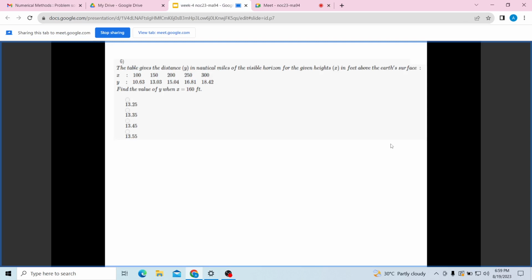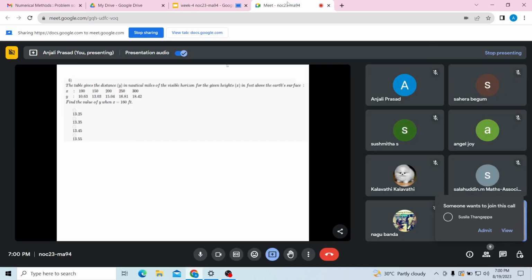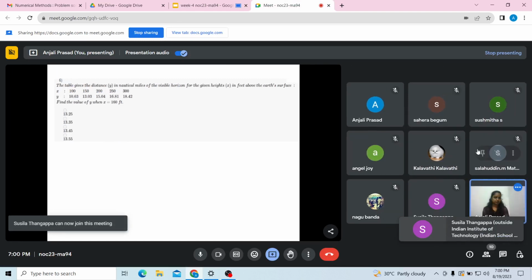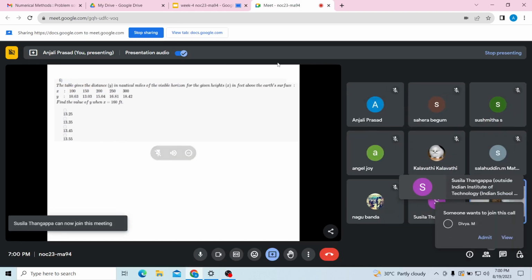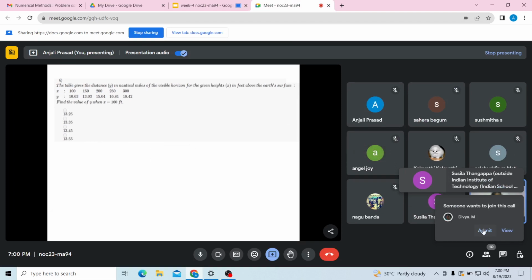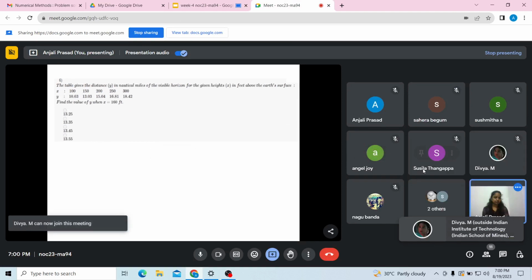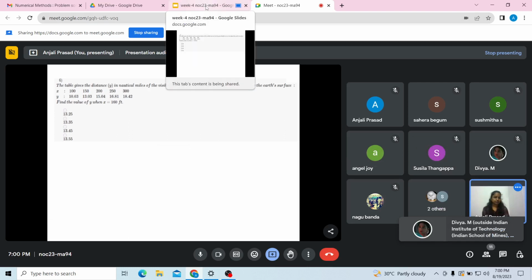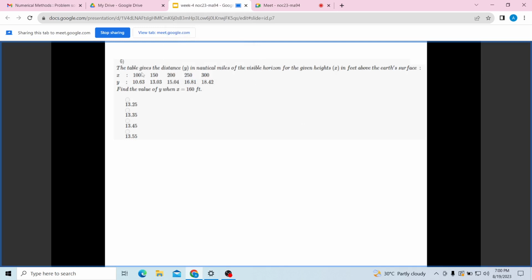Question number 6. Question number 6 is that the table gives the distance y, denoted by y, in nautical miles of the visible horizon for the given heights x in feet above the earth's surface.